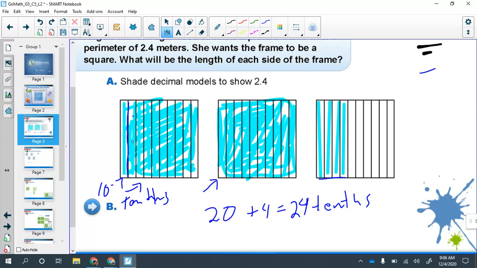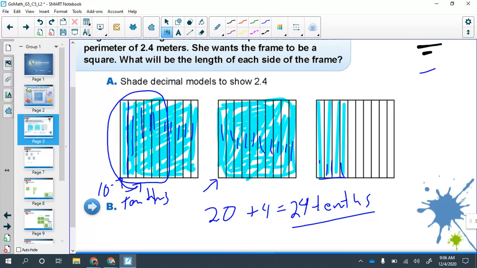So here's 1, 2, 3, 4, 5, 6, 7, 8, 9, 10, 11, 12, 13, 14, 15, 16, 17, 18, 19, 20, 21, 22, 23, and 24. So if we have 24 tenths and we want to put them into 4 equal groups, well, 4 times 6 is 24. So I think that we can just group these together into groups of 6, right?